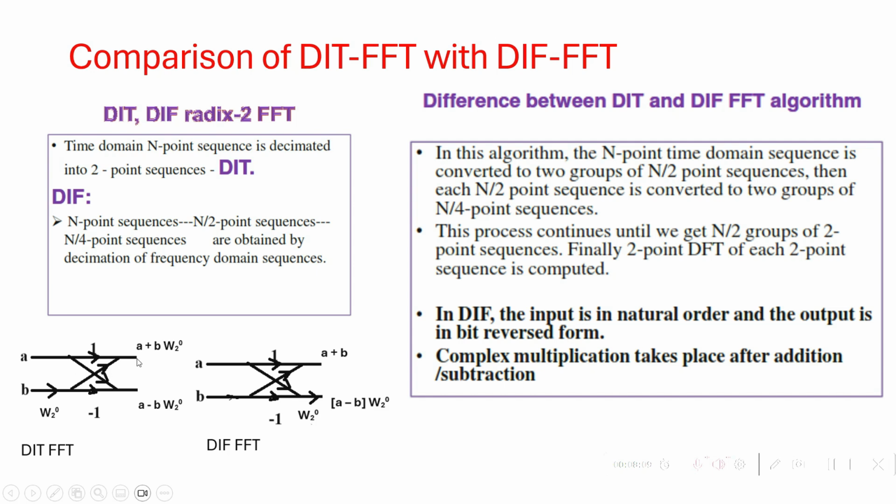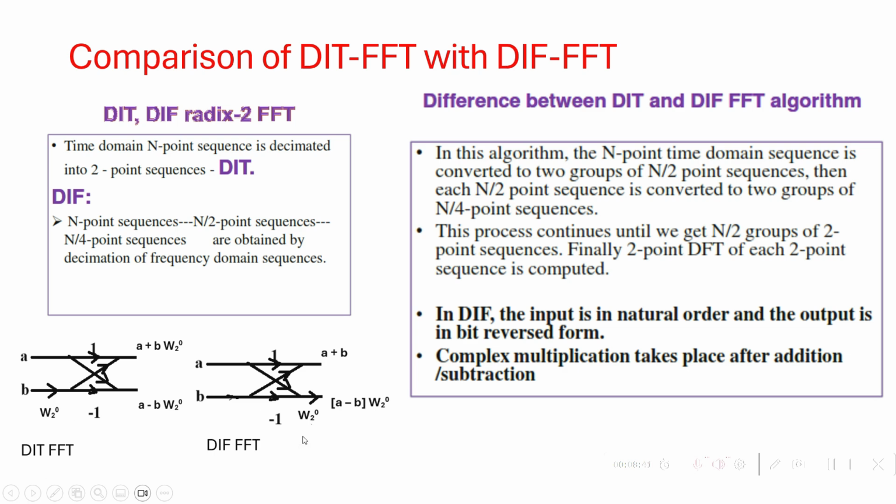So the output of this 2-point DFT is A plus B into W2 power 0, where W2 power 0 is the twiddle factor. W2 power 0 is equal to e power minus j2 pi 0 divided by 2. Similarly, A minus B into W2 power 0. So here the twiddle factors are multiplied before addition and subtraction.